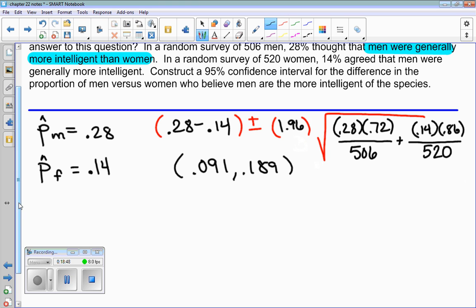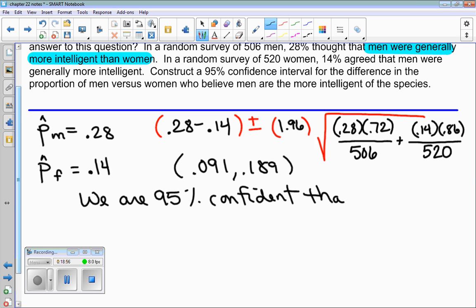So what? There is a difference between men and women thinking whatever of about 9 and 18.9%.